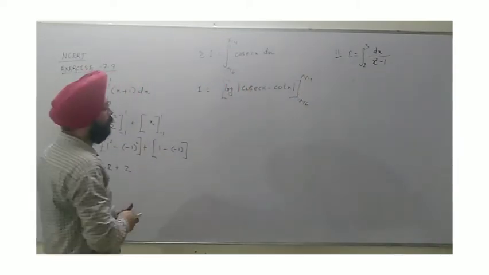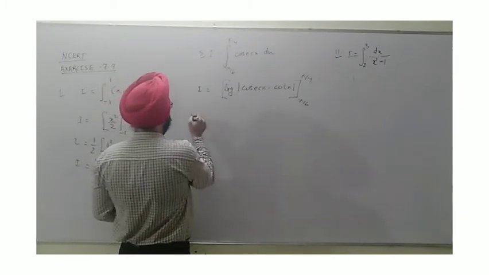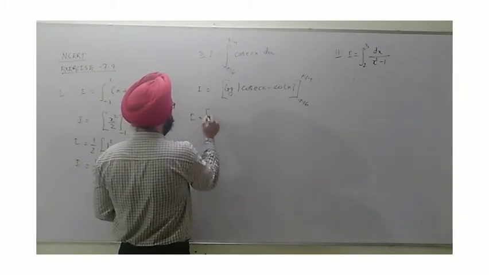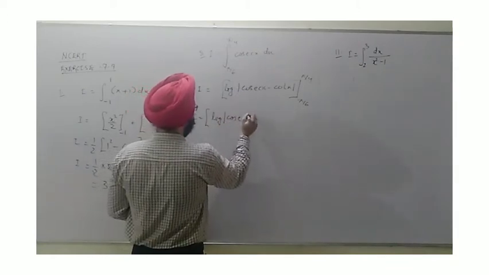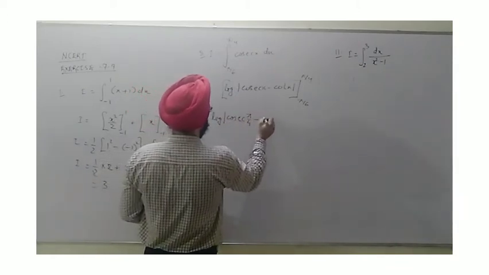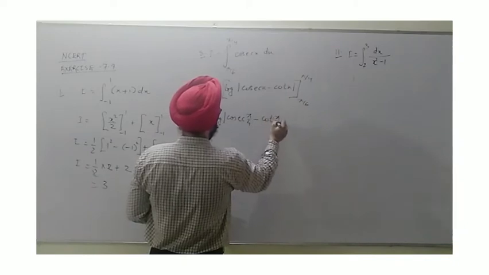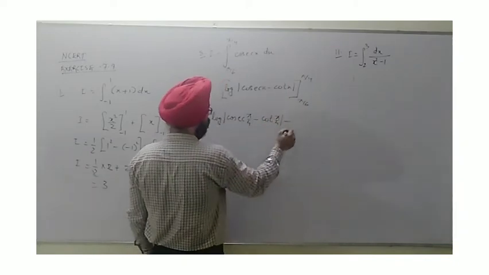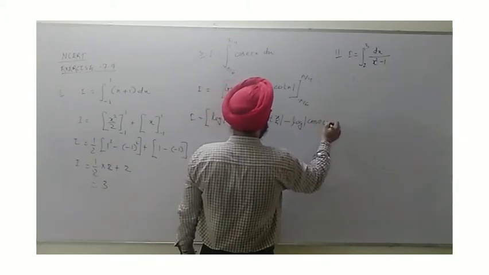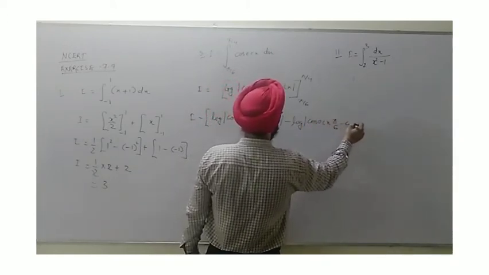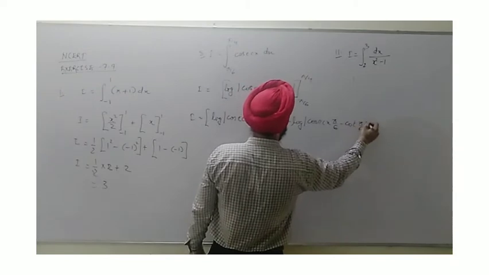First of all, substituting the upper limit, I get log of cosec pi by 4 minus cot pi by 4, minus log of cosec pi by 6 minus cot pi by 6.